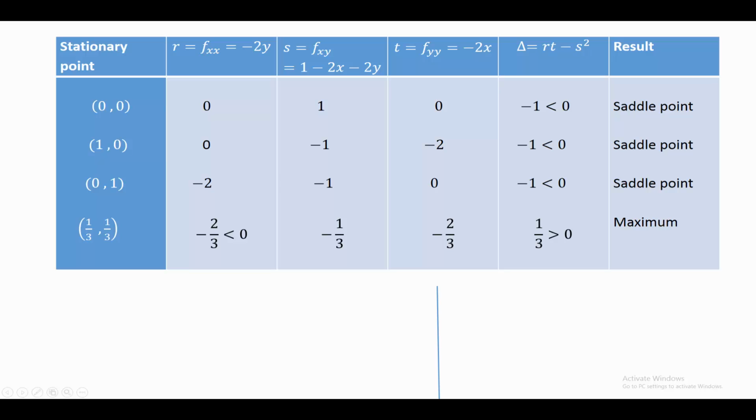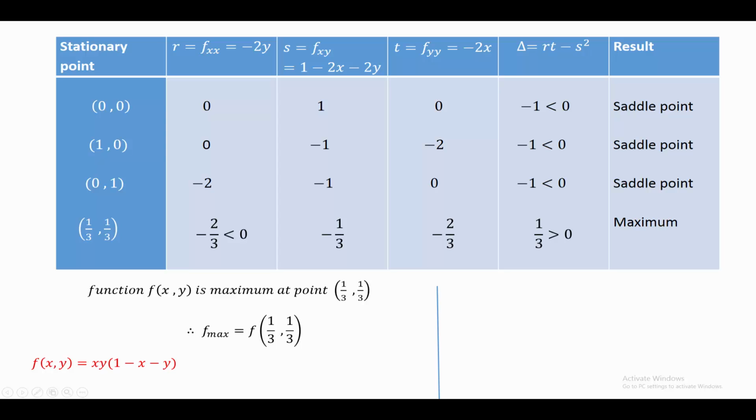This is a positive value, meaning delta is positive, r negative. So at point (1/3, 1/3) the function is maximum, and therefore the function f of xy is maximum at point (1/3, 1/3), and the maximum value of the function is f of (1/3, 1/3). We know f of xy is xy into bracket 1 minus x minus y.